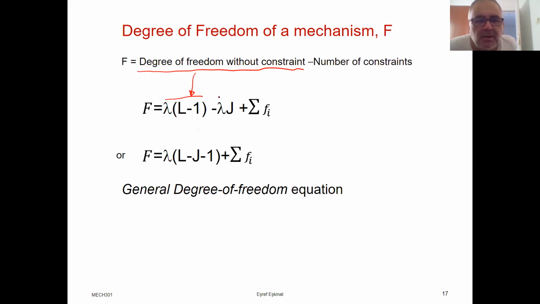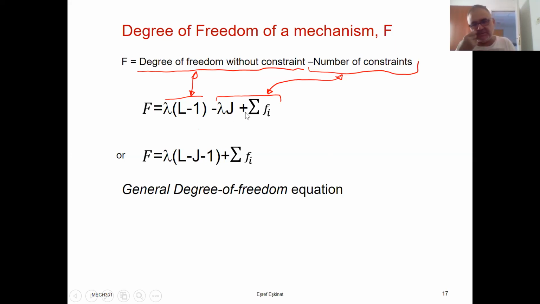And the number of constraints corresponds to this, okay? L minus 1 simply comes from the fact that we are using ground as link 1. And this part comes from the previous page, where it is explained.